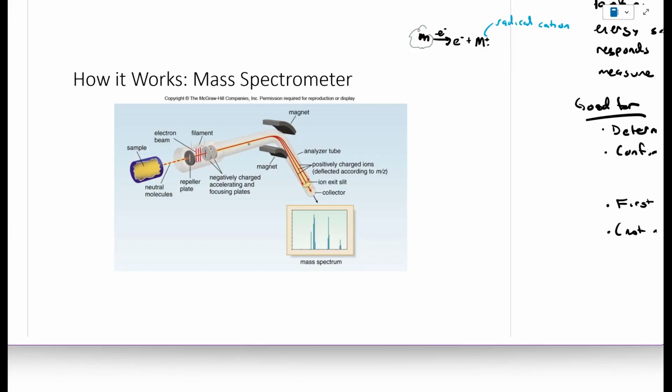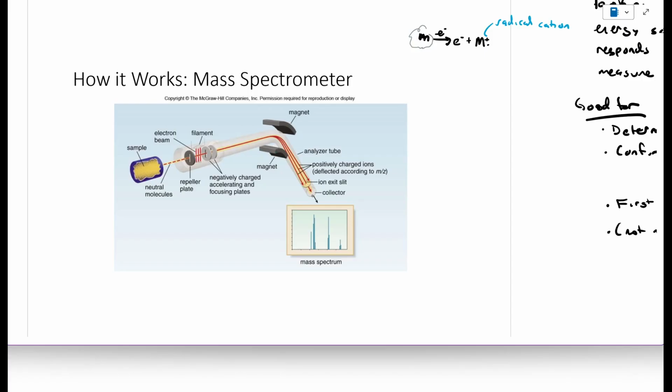So if you have a really light molecule, when the magnet is relatively weak, that will deflect the really light molecules perfectly to make it to the detector. If you have a really heavy molecule, when the magnet is turned up to be very strong, it will deflect the heavy molecule just the right amount to make it through to the detector and get detected. So what you do is you insert your sample, you create the cations, and then you sweep through the magnetic field strength.